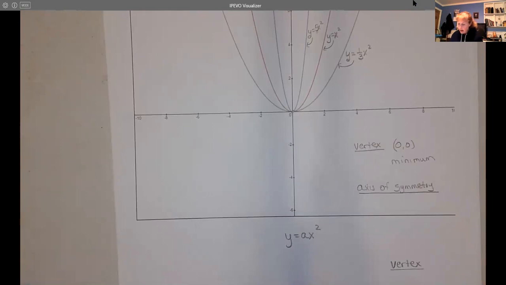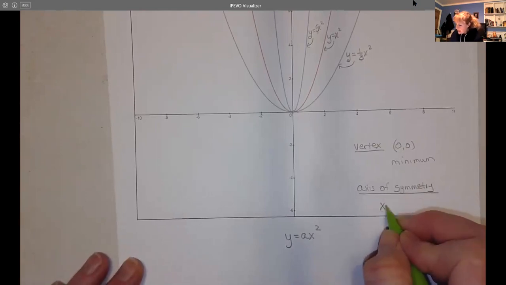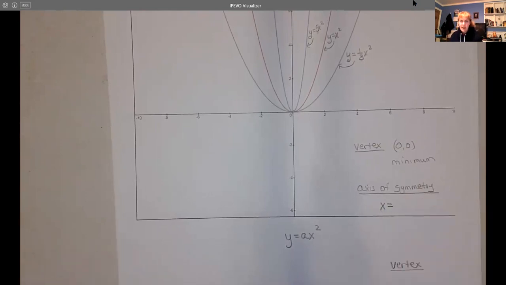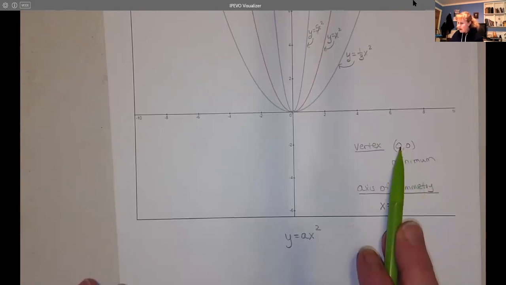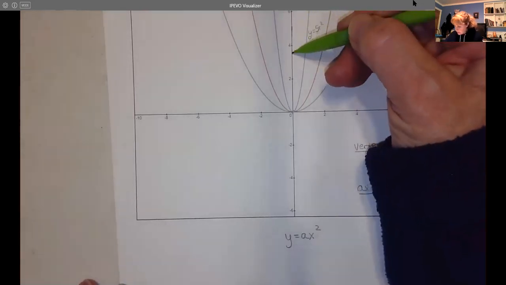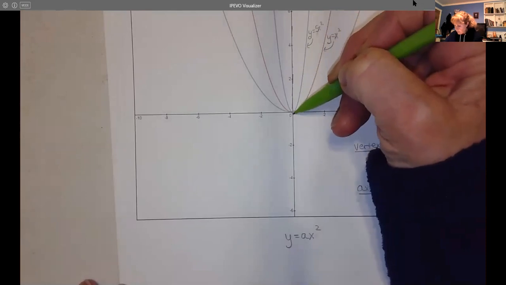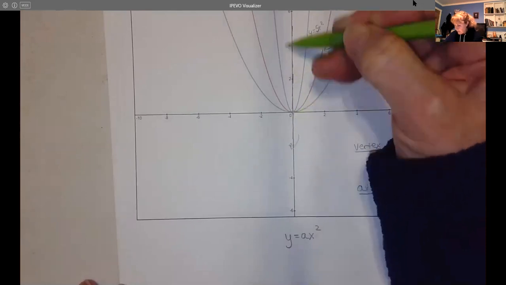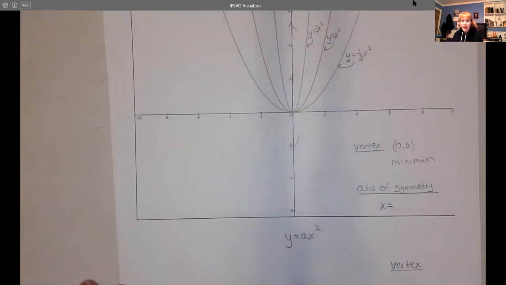Vertical lines all have the equation x equals something. The axis of symmetry will always cut through the vertex. So in other words, my axis of symmetry cuts right through the middle. In this case, it's the y-axis. And if you were to fold these over across the axis of symmetry, the graphs would match.